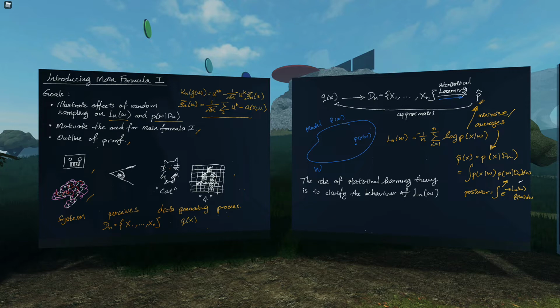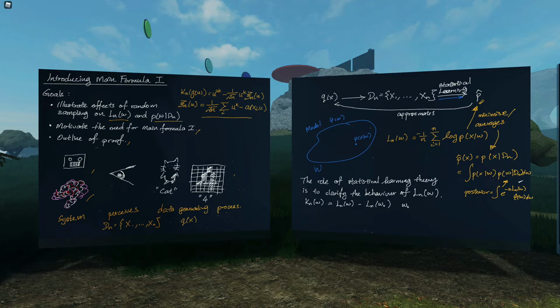Okay. So instead of studying Ln, we will study a centered or normalized version of it, obtained by subtracting its minimum, where W naught is in the set of minima of Ln, the log loss.